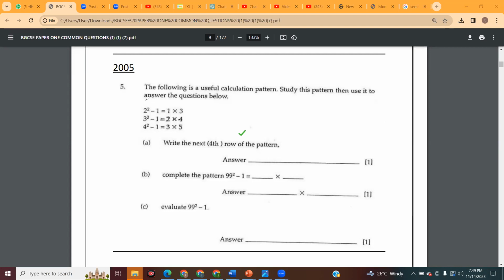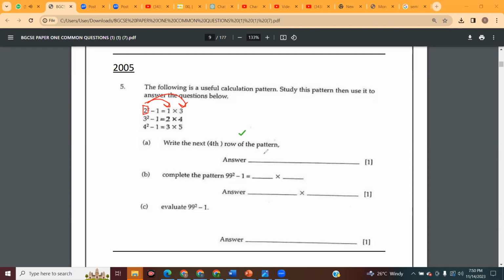Okay, so if you look at 2, right? 2, you minus 1, you get 1. You add 1, you get 3, right? 3, you minus 1, you get 2. You add 1, you get 4. And then 4, you minus 1, you get 3. You add 1, you get 5.